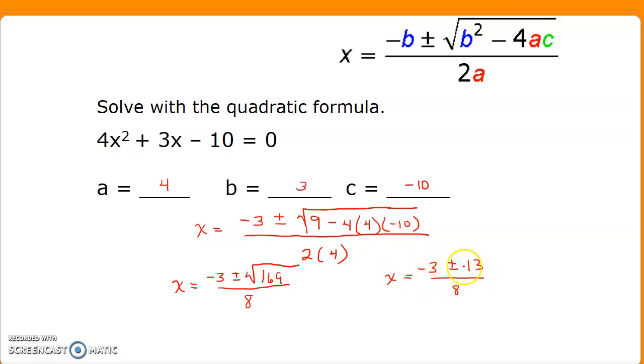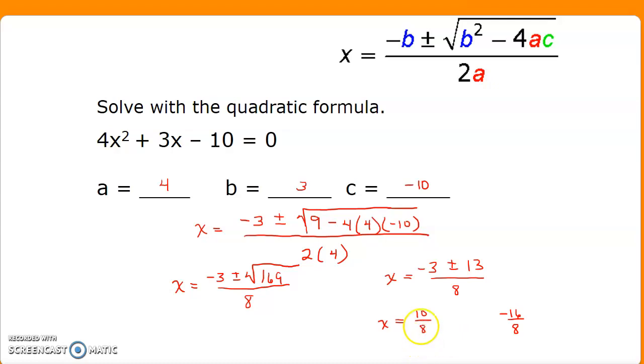So here's where I'm going to separate it into my two solutions. I need to do negative 3 plus 13, which is 10, so I have 10/8. And then negative 3 minus 13, which is negative 16/8. And then we'll simplify that.